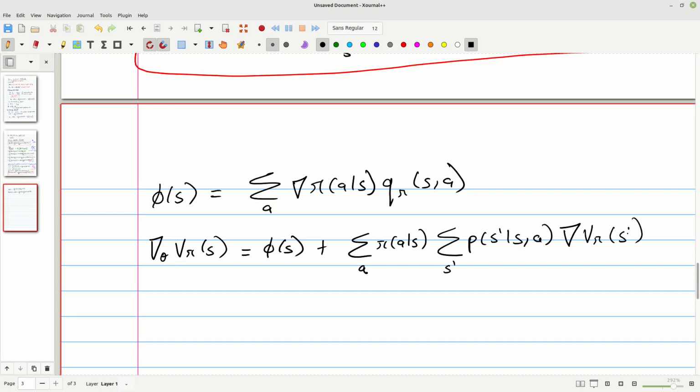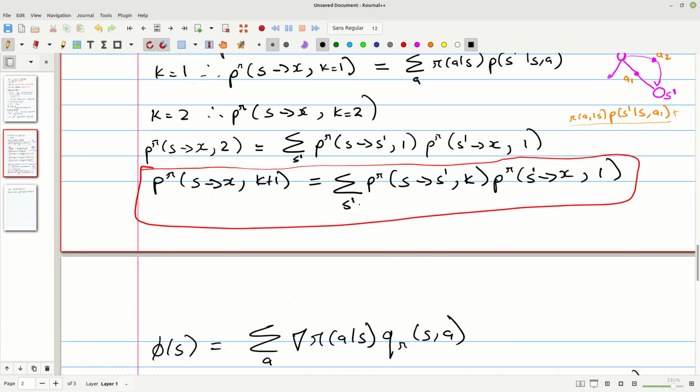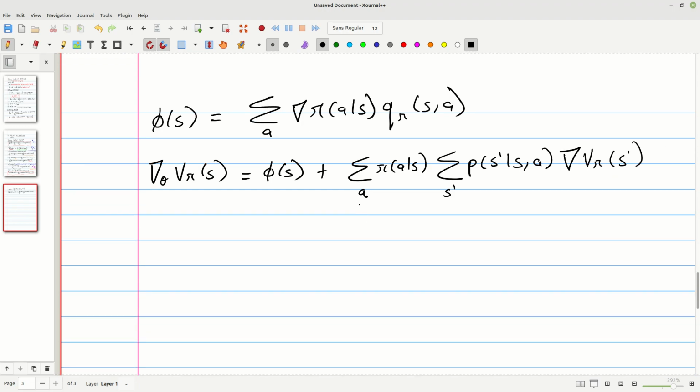So this is the rest of this term here, but we need to add this summation here to ensure everything is fine. So that's where we are now.